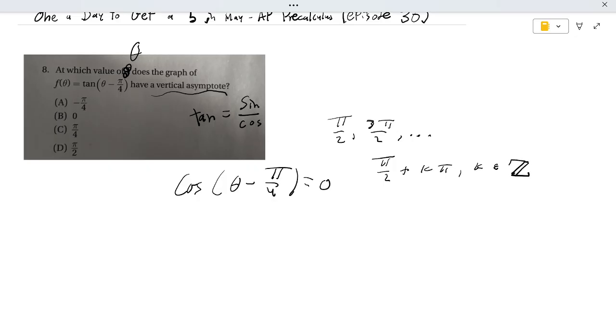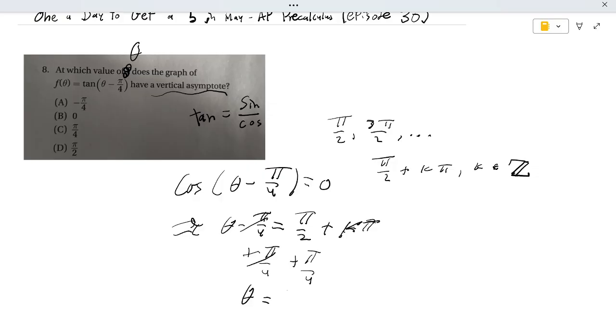So if cosine of theta minus pi over 4 is equal to 0, that means theta minus pi over 4 has to be equal to pi over 2 plus k pi. If we add pi over 4 to both sides to undo that subtraction, we get that theta must be 3 pi over 4 plus k pi.